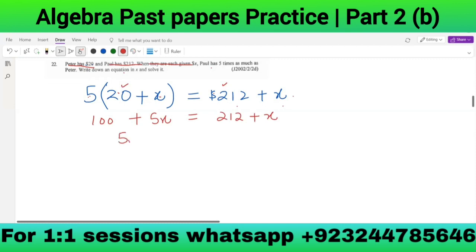So 5x minus x is equal to 212 minus 100. So 4x is equal to 112. So x will be equal to 112 divided by 4. 4 8s are 32. So x is equal to 28, sorry.